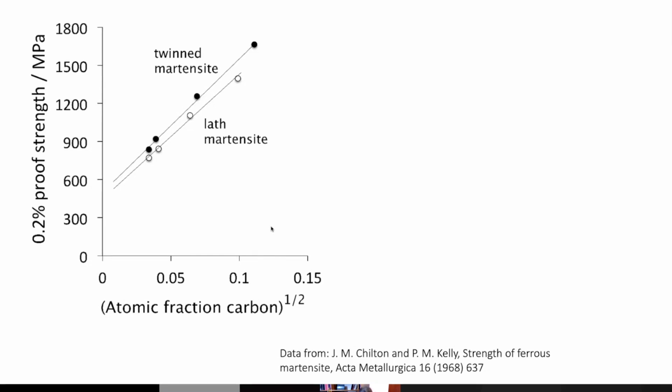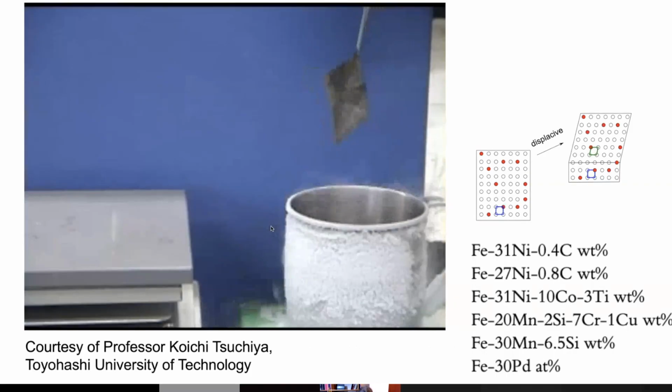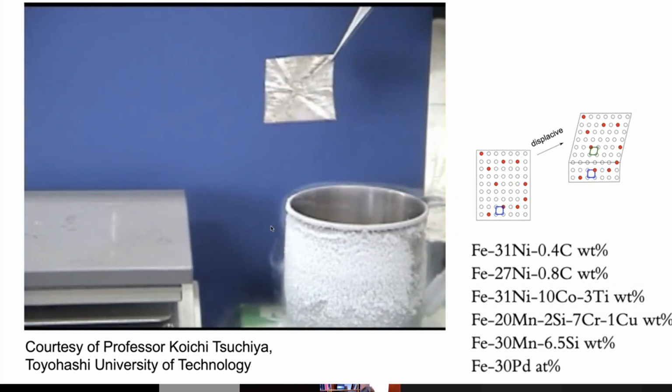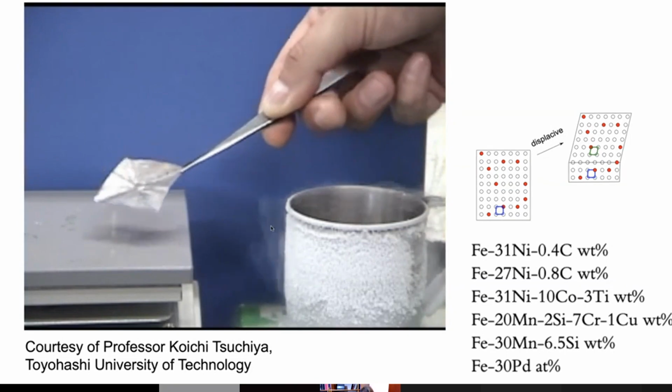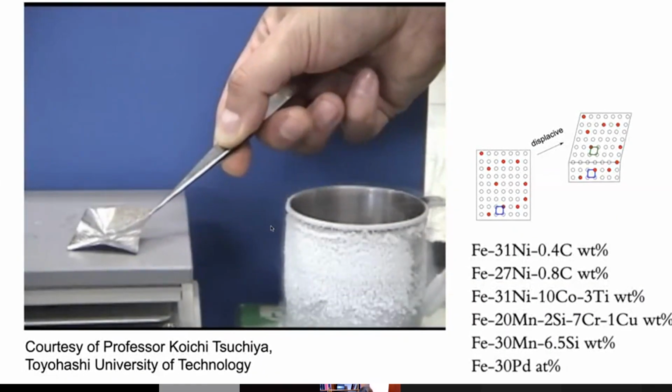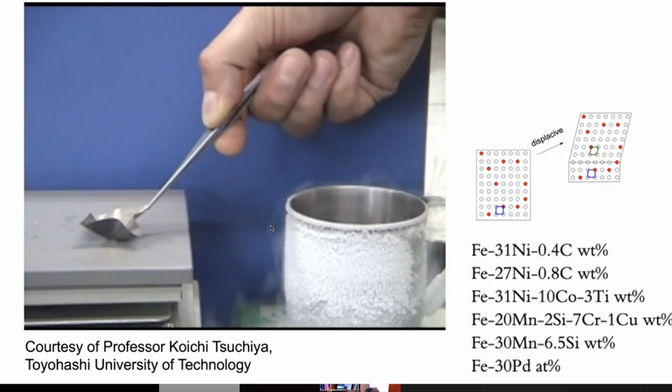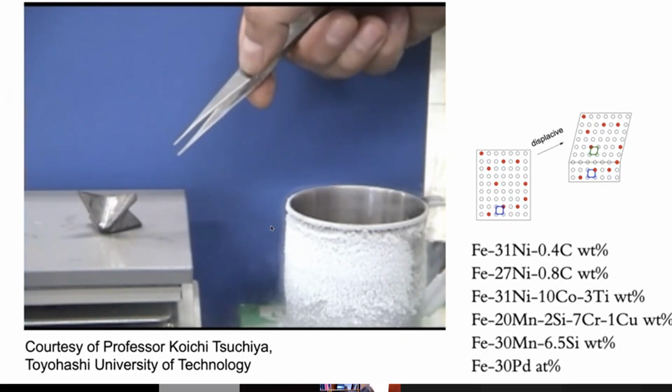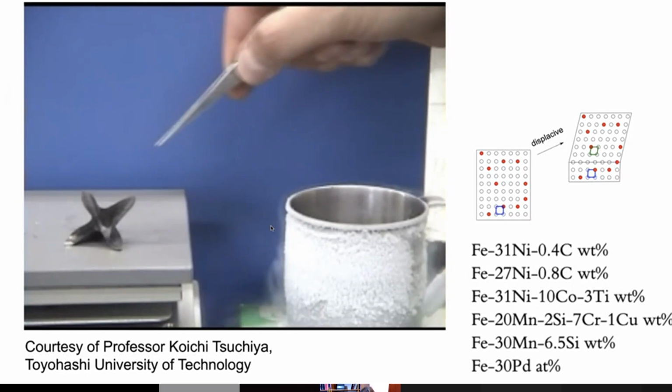So martensite is to be regarded as a physical deformation, which at the same time changes the crystal structure. And it's illustrated beautifully in this movie, which is a shape memory alloy which has been cooled. And now it's going to be put onto a hot plate. And you get a reversal of the martensitic transformation, and therefore it changes its shape.